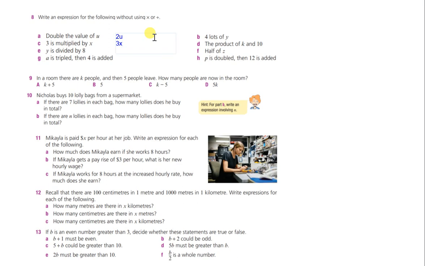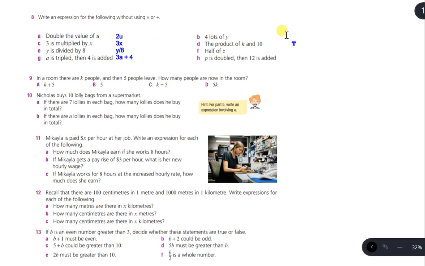The next one is going to be y divided by 8. So we would normally have a fraction. I'm just going to have a slash here. Y slash 8. And for the last one there, a is tripled and then we add 4. So that's going to be 3a, and then you need to add your constant of 4.